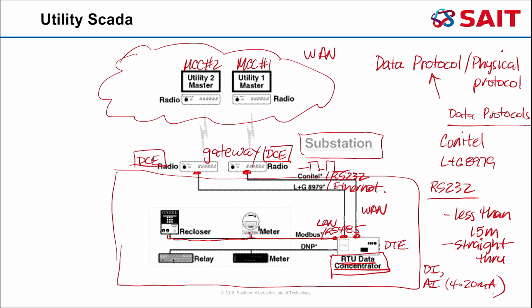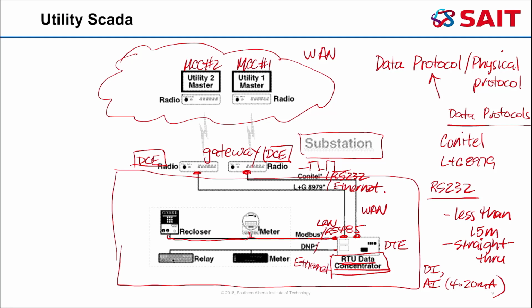Okay. Down here is where we have another protocol we're going to be looking at in the last half of the course, DNP3. And let's just pick another multi-dropped network down here, and we'll call it Ethernet. So we know we can multi-drop Ethernet just like we do on campus in the lab.